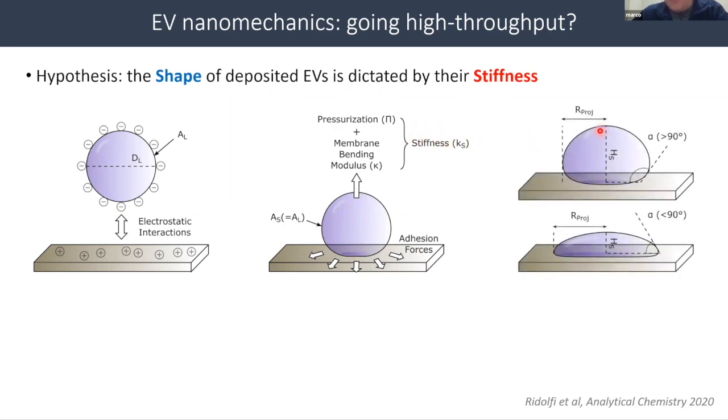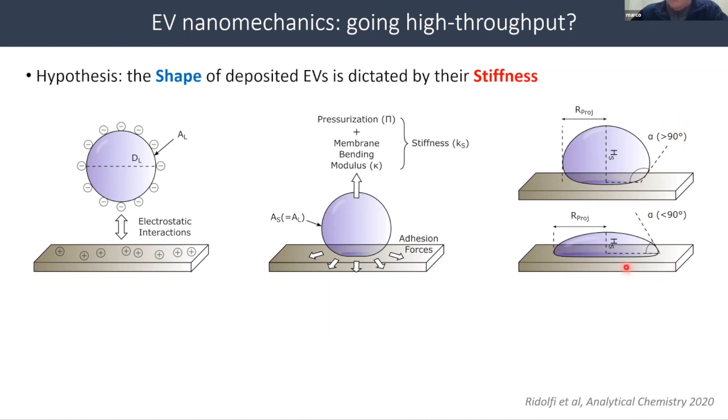And so you will end up with a higher spherical cap if the vesicle is stiff, and a more flat, more oblate spherical cap if the vesicle is soft. How can you measure in a linear and robust way the shape of these vesicles? With a contact angle, for instance.